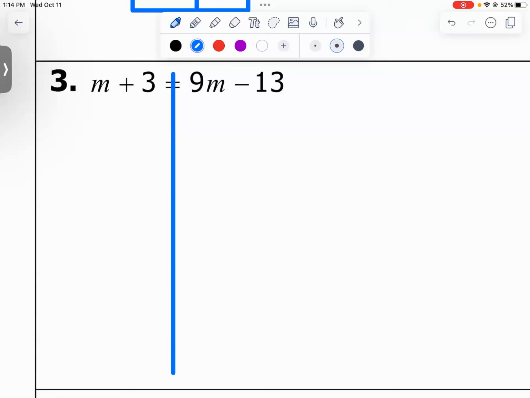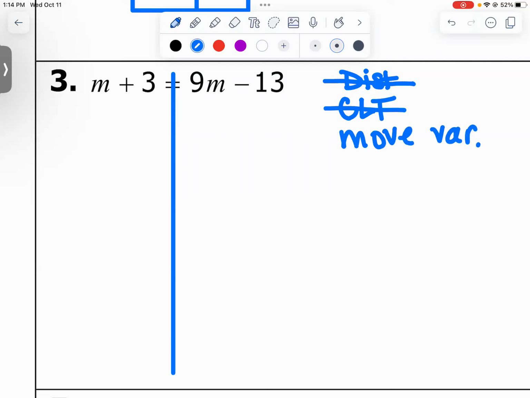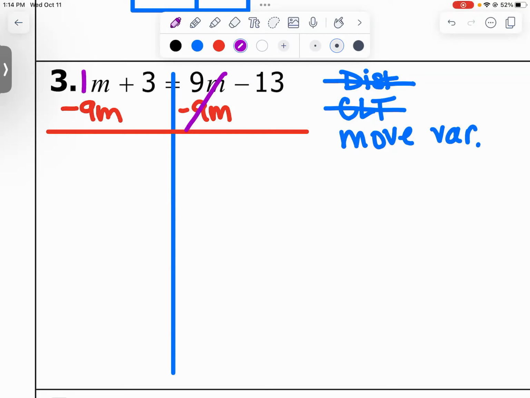I messed up. So, all right, do we have anything to distribute? No. Do we have any like terms to combine? So if we move the variable, okay, Jacob, what was your first step? -9. So he subtracted 9m on both sides, which I think is what most of you did. Now, remember, this is like a 1m.